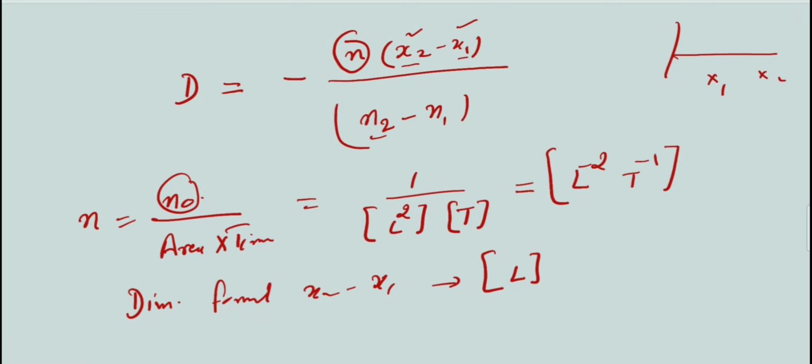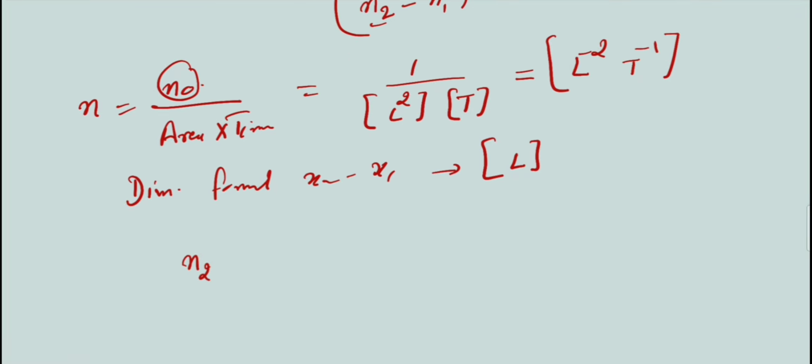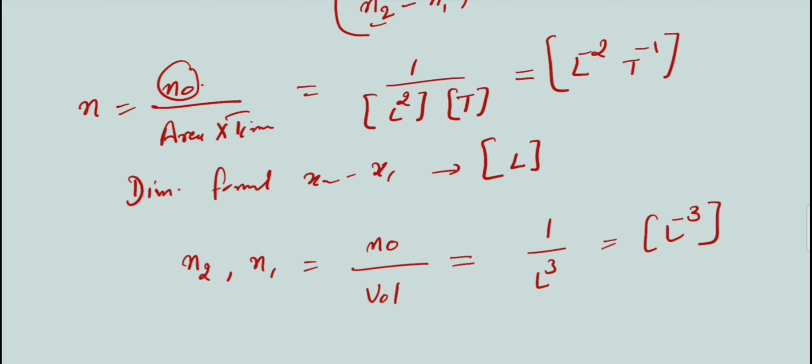Similarly for n2 minus n1. n2 and n1 are the number of particles per unit volume. So this is equal to number of particles divided by volume, and the dimensional formula for that is 1 upon L raised to power 3, which is equal to L raised to power minus 3.